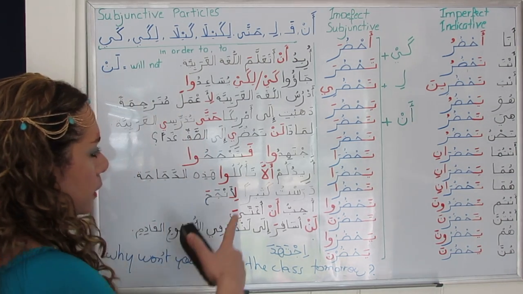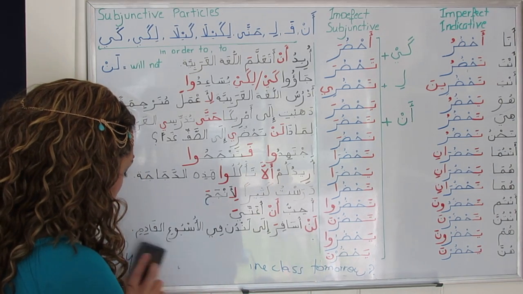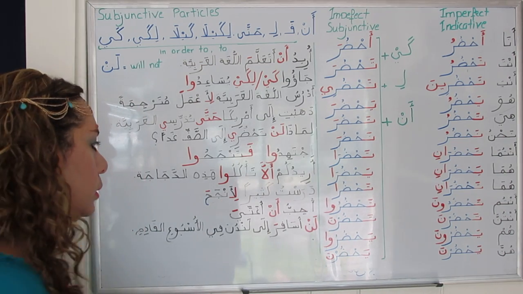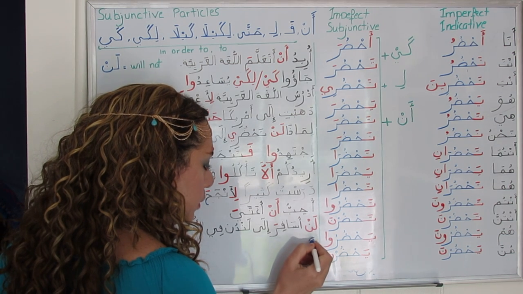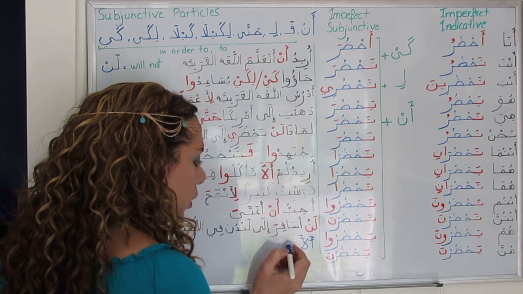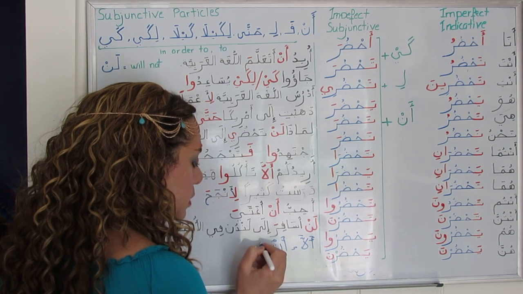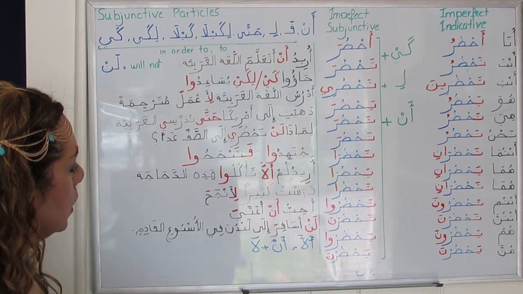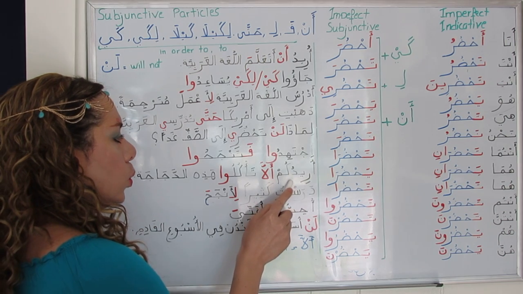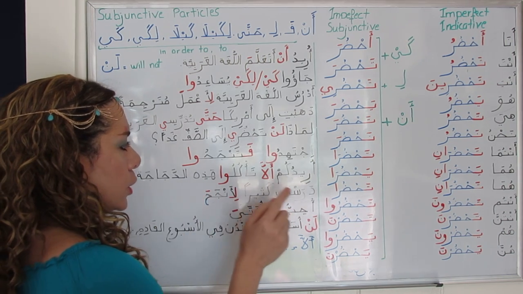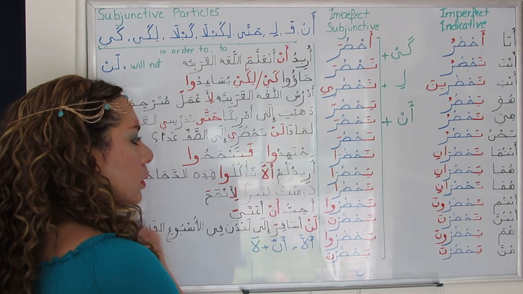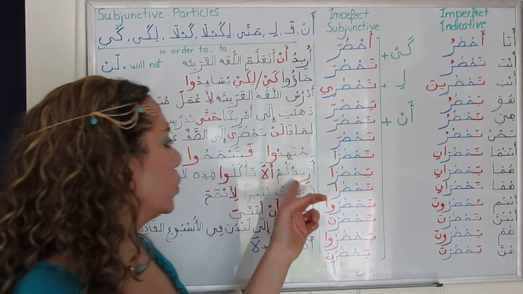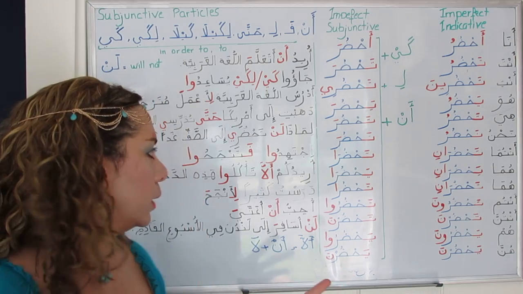Here we have another compound particle for negation. Allah is a contraction of an plus la. So, أريدكم ألا تأكلوا هذه الدجاجة. كم is a pronoun referring to second person plural masculine.